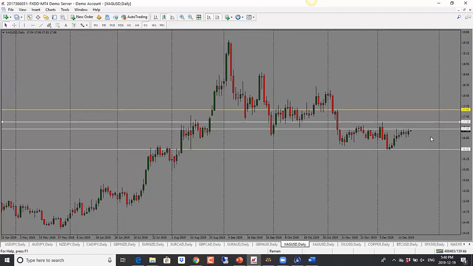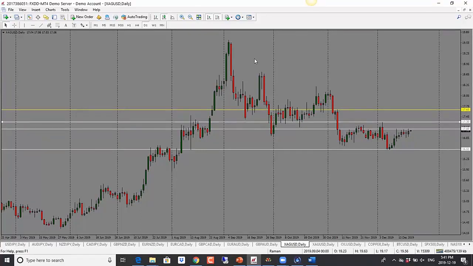When we see that price hugs a level for a number of days, either it's going to collapse or it goes through it. So it hasn't collapsed yet, which means should it break, it could really move up, move to the upside. So right now, bias is still neutral. As long as it stays below 17.10, it's neutral.